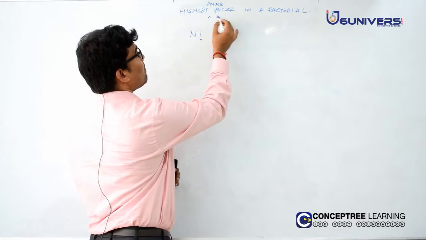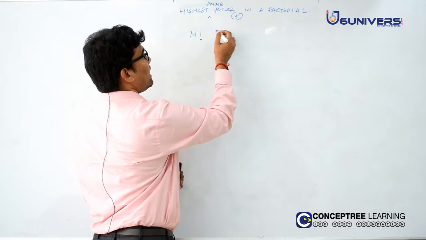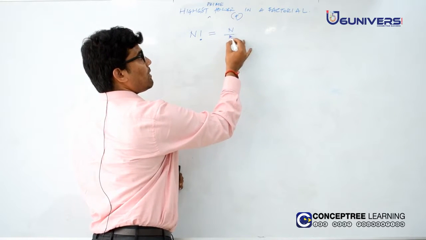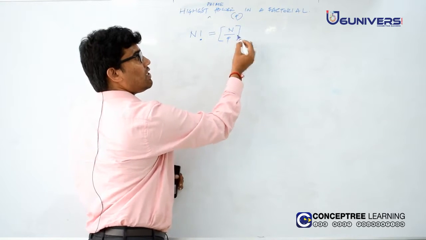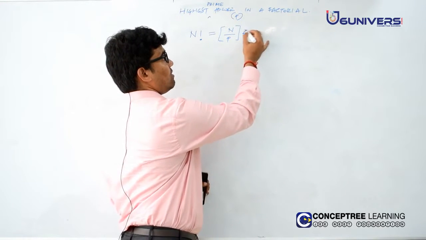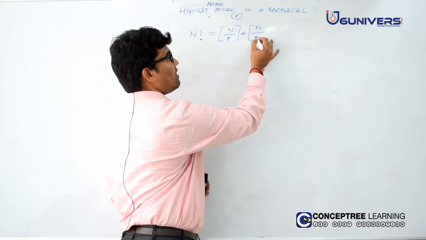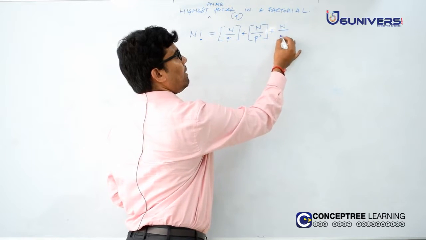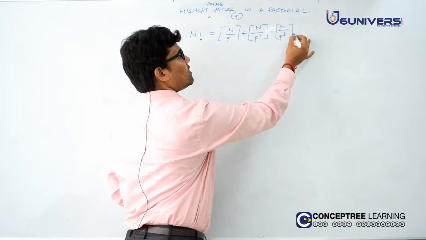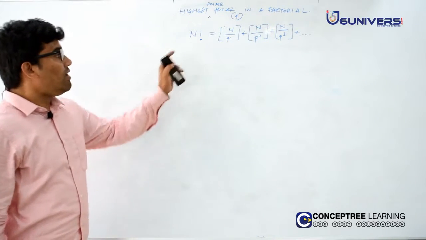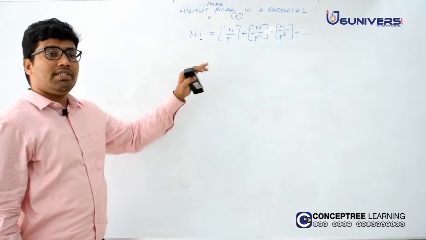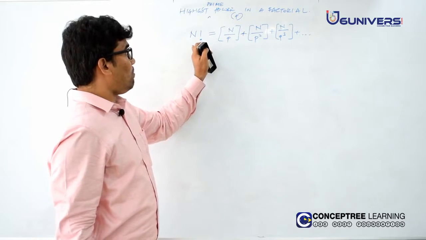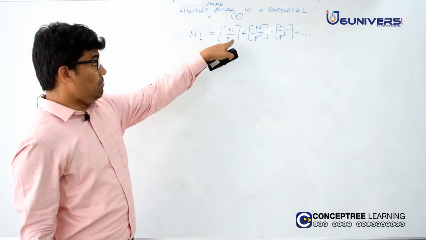The highest prime power p in n factorial is given simply by the expression greatest integer function of n by p plus greatest integer function of n by p square plus greatest integer function of n by p cube and so on indefinitely. Whatever this expression we have, like we have just seen in the case of 27 factorial, will yield the highest power of that particular prime p.